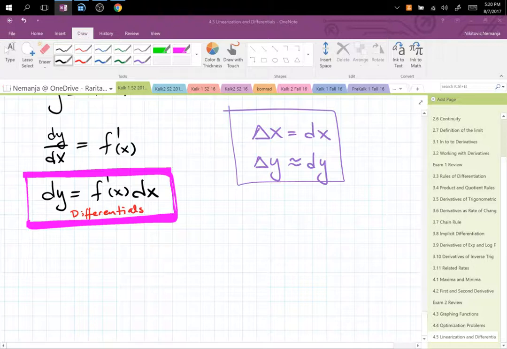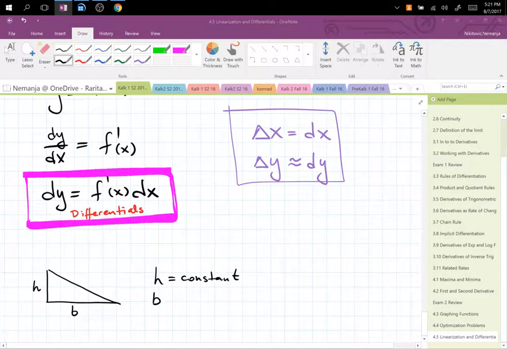So let's say you have a triangle with a height h and a base b. Let's say that the height is constant and the base b goes from 3 to 3.1.